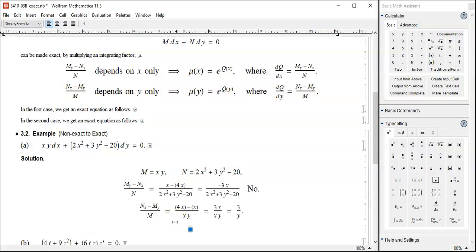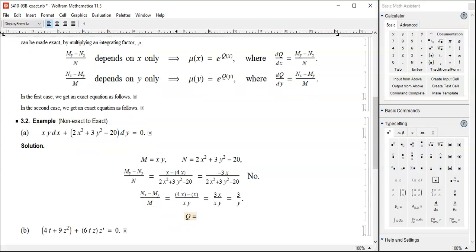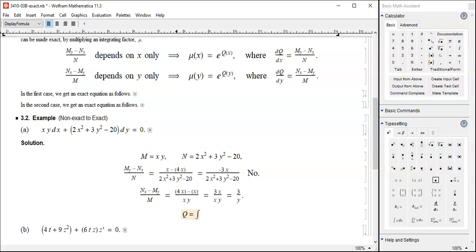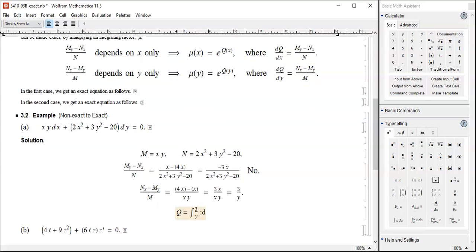So let's find out the integrating factor. Q is the antiderivative of 3 over y dy, and this is 3 log of y, which is log of y cubed. And let's find the integrating factor. e to the power of log of y cubed is y cubed.